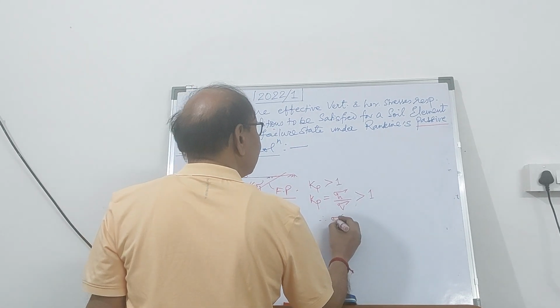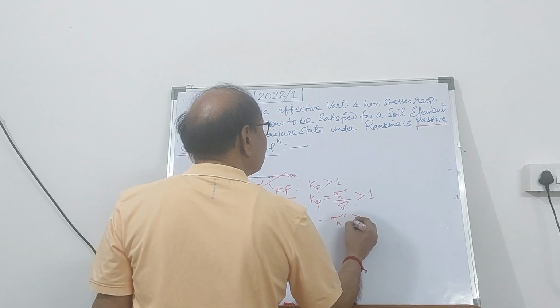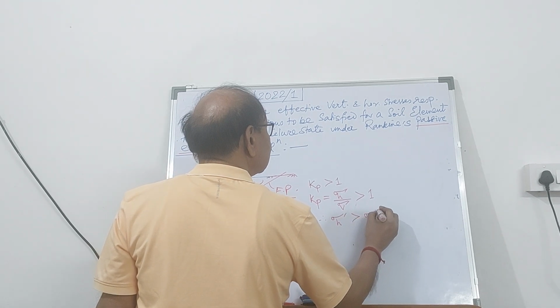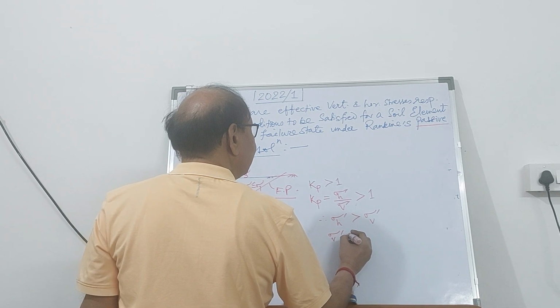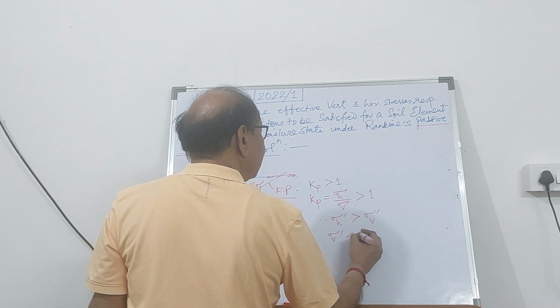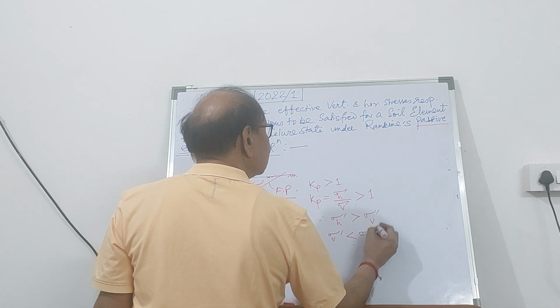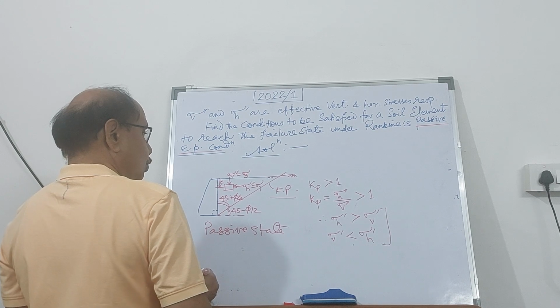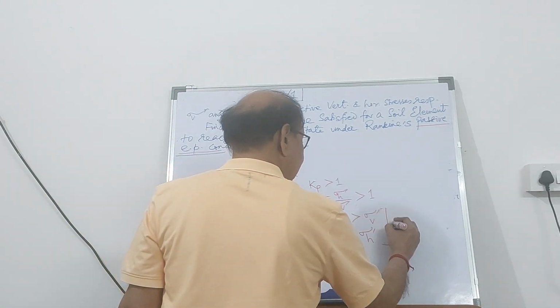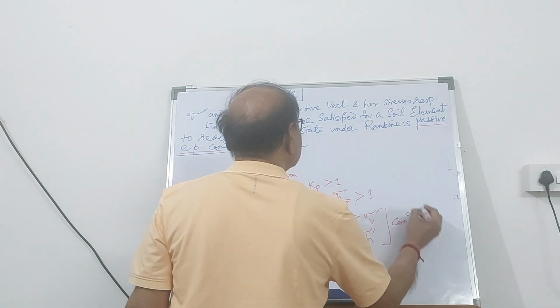Therefore, sigma H prime should be greater than sigma V prime, or the effective vertical pressure should be less than or equal to sigma H prime. So this is the condition to be satisfied.